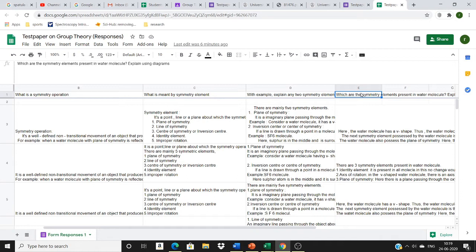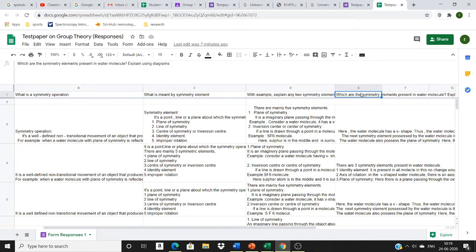The first plane passes through oxygen bisecting the angle formed by HOH, dividing the molecule into two equal halves, and the other plane of symmetry is the plane passing through all the three atoms, dividing all the three atoms into two equal halves. Okay. And it is denoted as sigma.